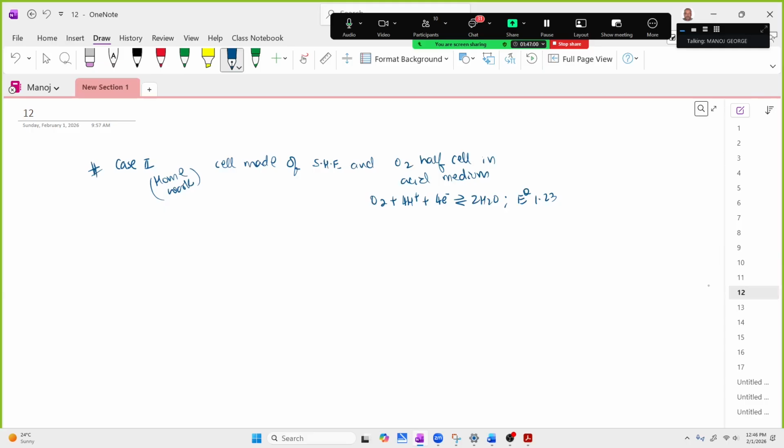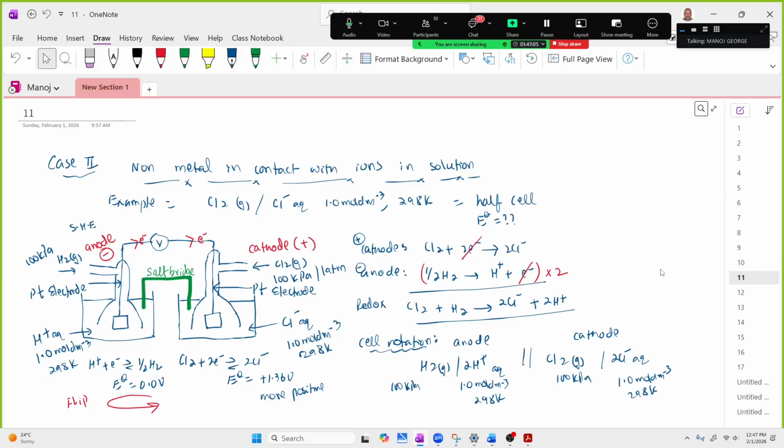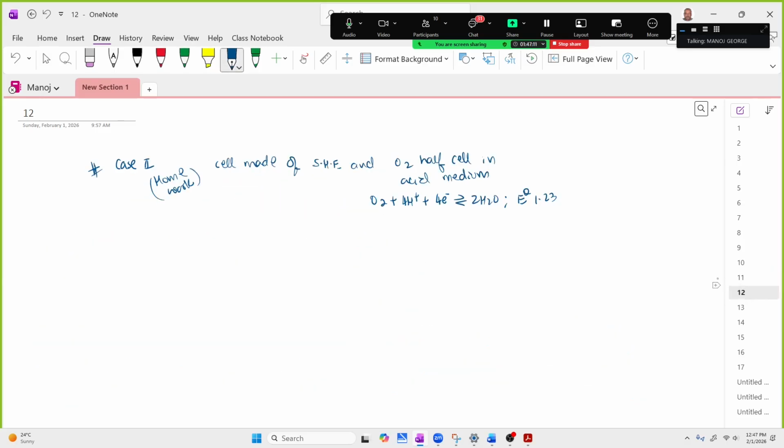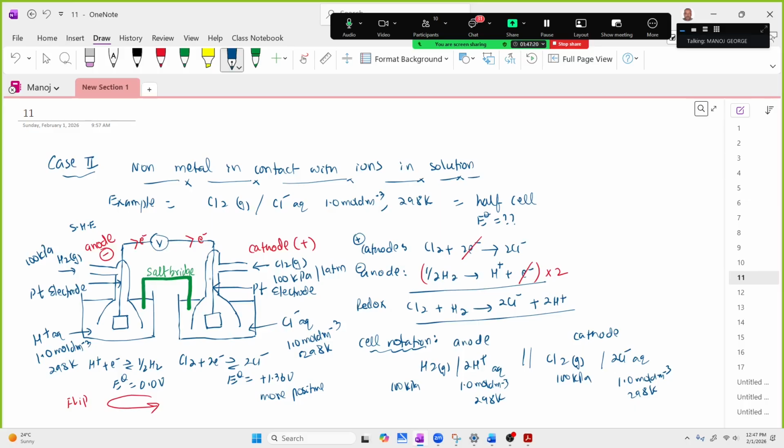Don't put O2 minus. There is no O2 minus here. Don't think, oh, this is Cl2 and Cl minus. If I put O2, I should put O2 minus? No, there is no O2 minus in this equation. You see there is H+ here. Do you see that? So when you draw this diagram, it is going to look like this. The only difference is oxygen gas will come from here, and in your electrolyte there will be H+ aqueous, 1 mole per dm cube.